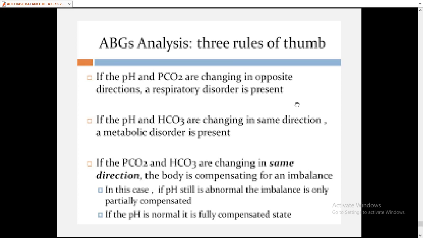If pH and bicarb are changing in the same direction, then metabolic disorder is present. If PCO2 and bicarbonate are changing in the same direction, the body is compensating for an imbalance. In this case, if pH is still abnormal, the imbalance is only partially compensated. And if the pH is normal, then it is fully compensated.